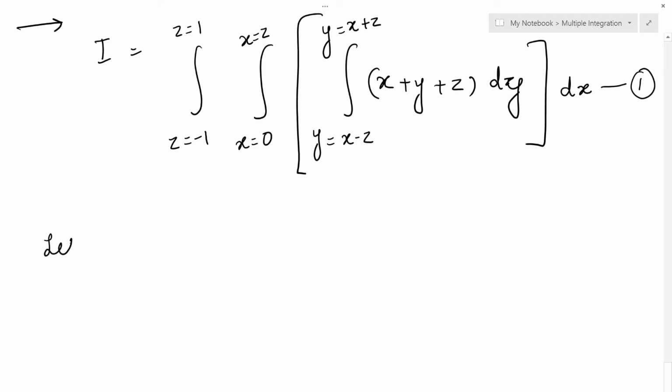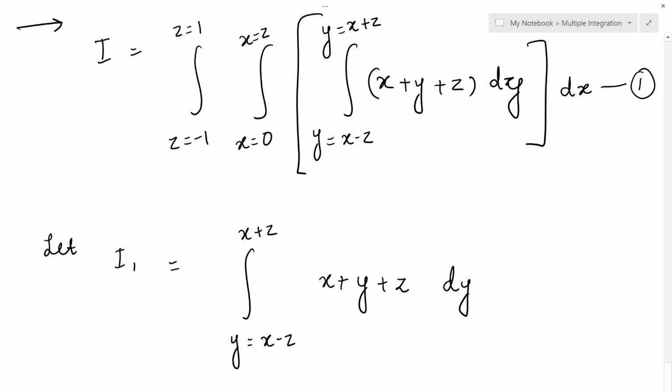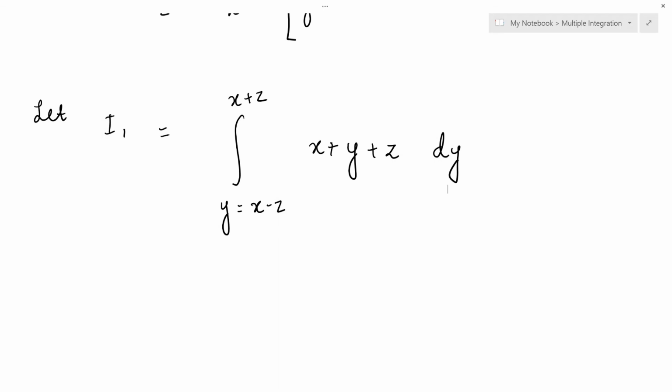Let us call them I1 and I2. So I1 here will be the integral with y going from x minus z to x plus z. The limits of integration are these, and the integrand is x plus y plus z dy. So let me integrate this.